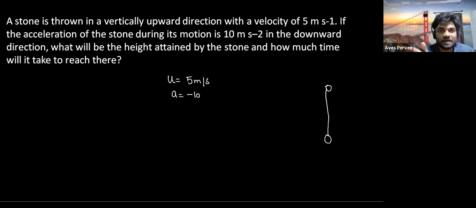Whenever the brake is applied, we also take the acceleration as negative. So a will be 10 meter per second square in the negative. It is given that the acceleration is in the downward direction and the object is moving upward, so acceleration will be taken as negative.